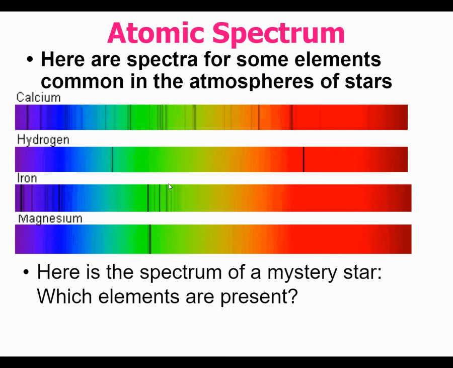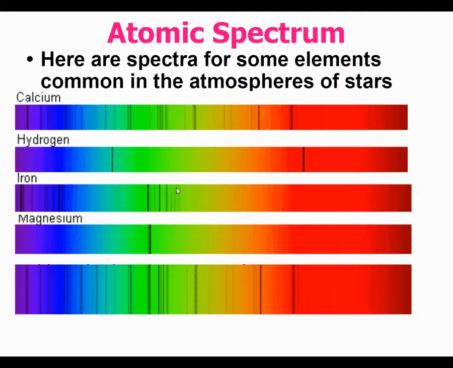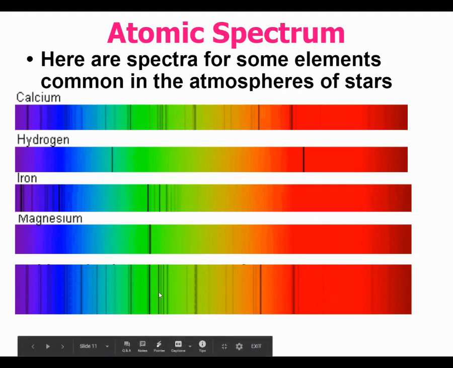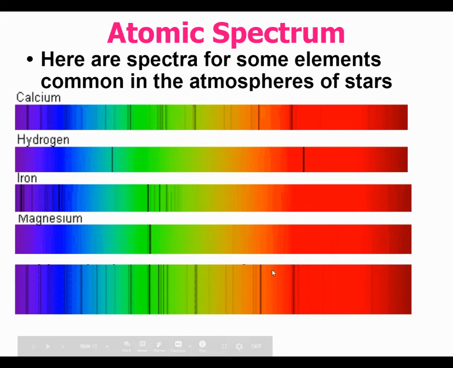So here's a spectrum of a mystery star. Which elements are present in this one? If we look at it, there's some magnesium. Looks like there is some calcium. There's probably some iron, but it doesn't look like we can see much hydrogen.